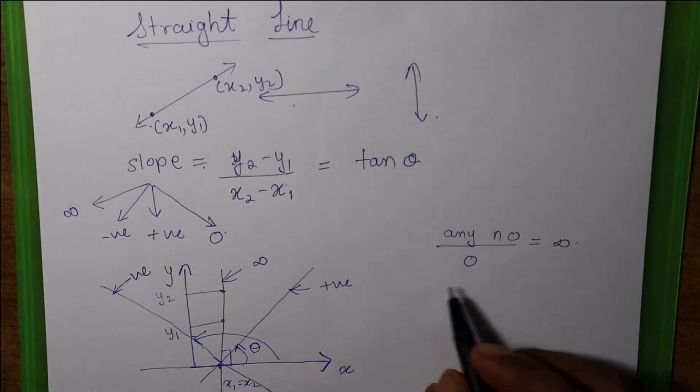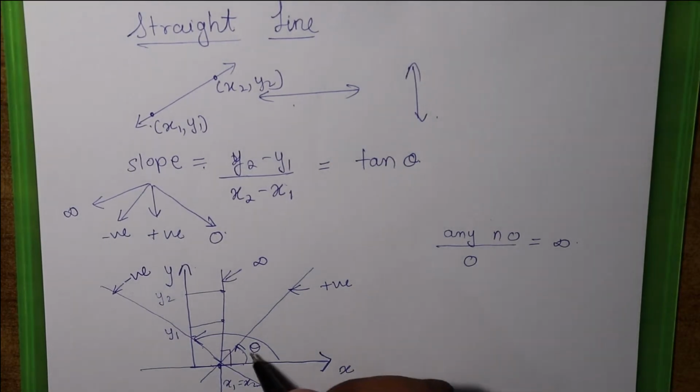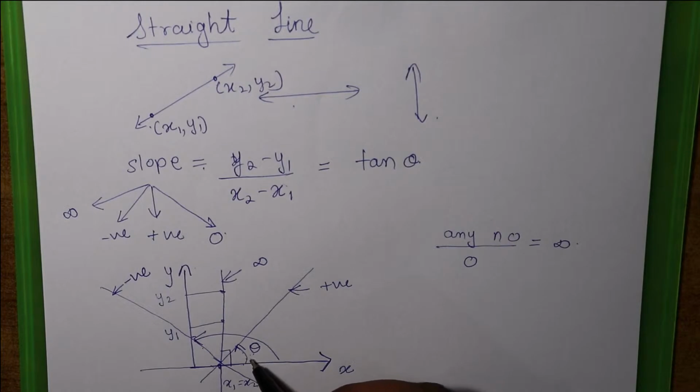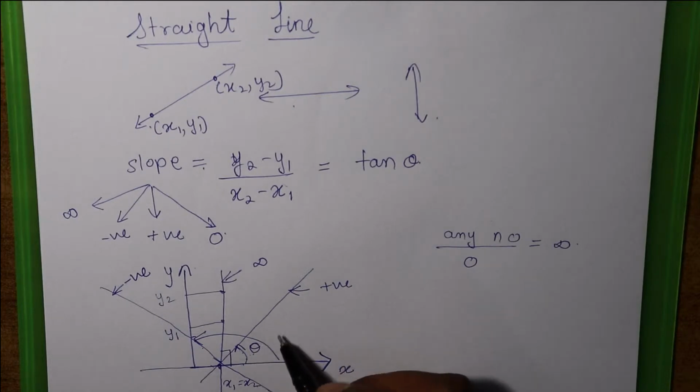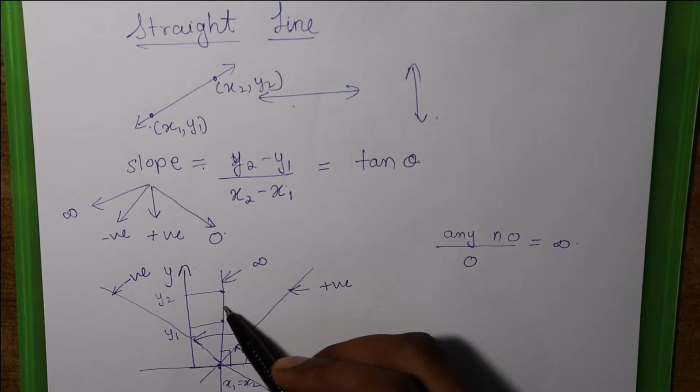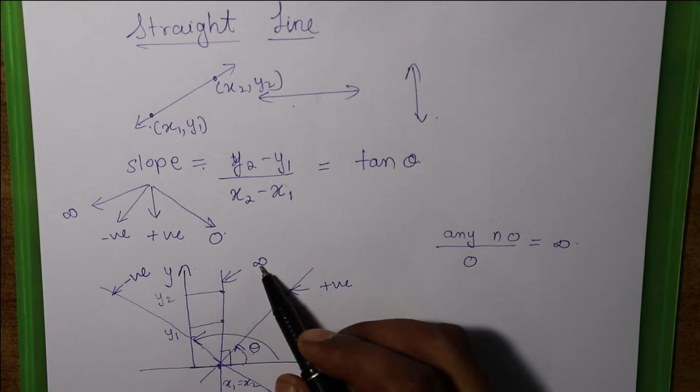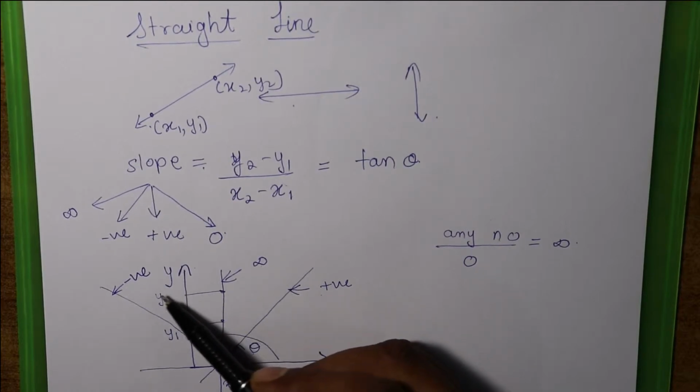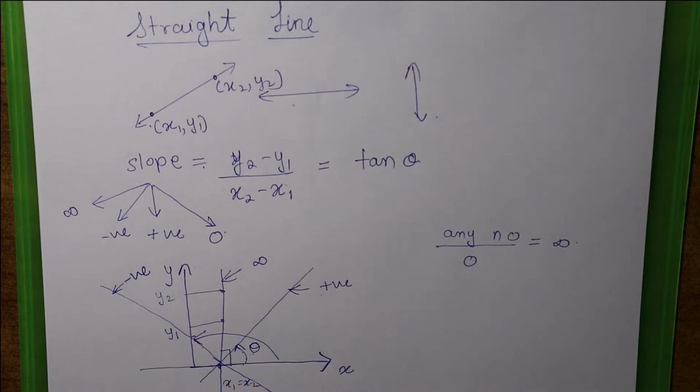So I repeat: a line which makes an acute angle with respect to horizontal has a positive slope, a line which makes 90 degree with respect to the horizontal x-axis has an infinite slope, whereas a line which has an obtuse angle with respect to horizontal will have a negative slope.